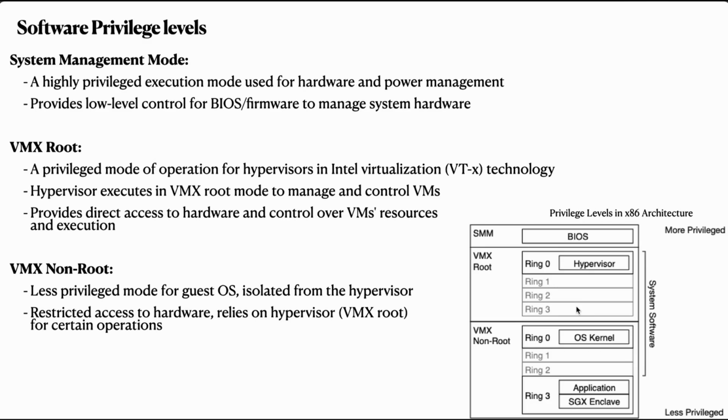Ring 3 is the least privileged level and has limited access. It is often used by user mode applications. It relies on system calls to request privileged operations. Our SGX Enclave lies in this category. Ring 1 and Ring 2 are rarely used and are often reserved for special purposes like device drivers.